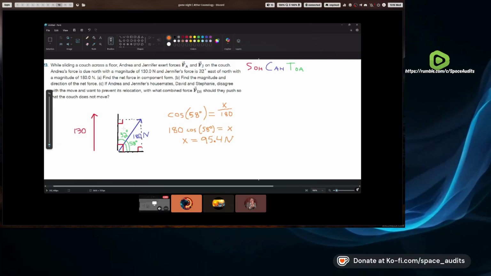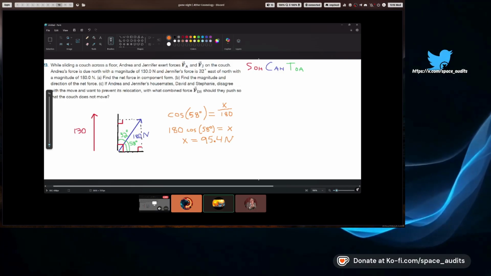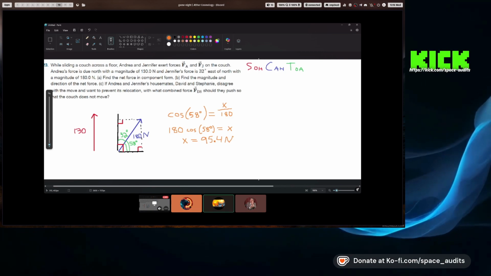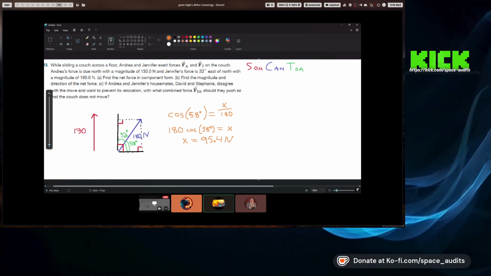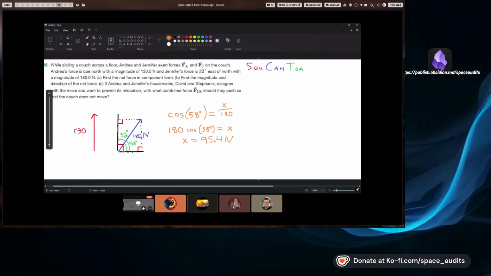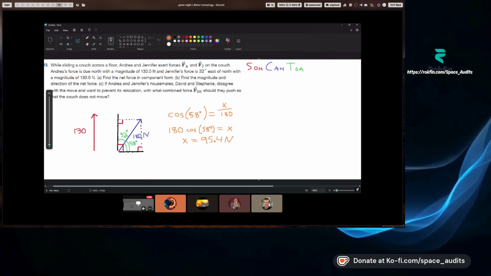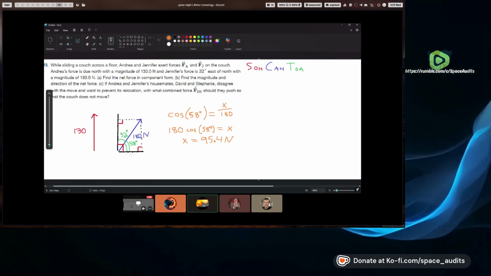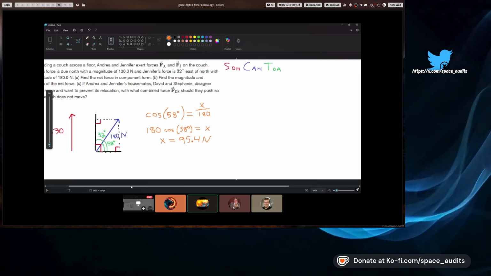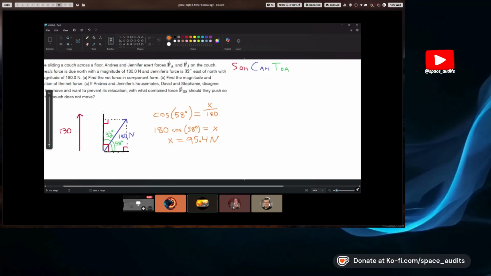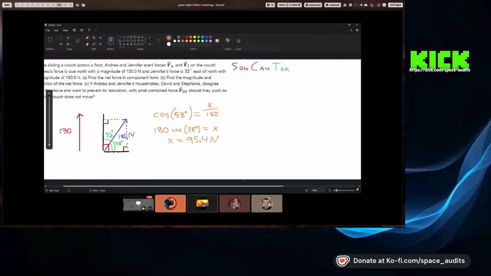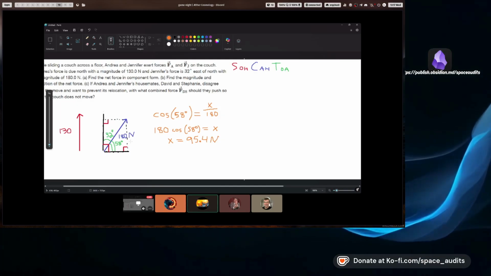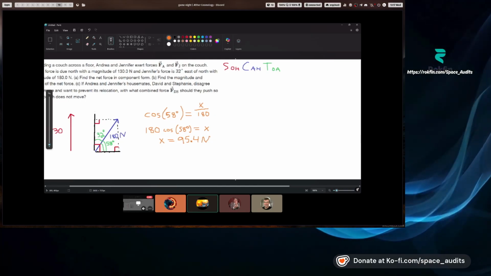For y, I have adjacent and hypotenuse again, because I'm using y and hypotenuse. Let's do it the other way. I could either use cosine again and use this 32-degree angle, or I could use sine with the 58-degree angle we've already used.